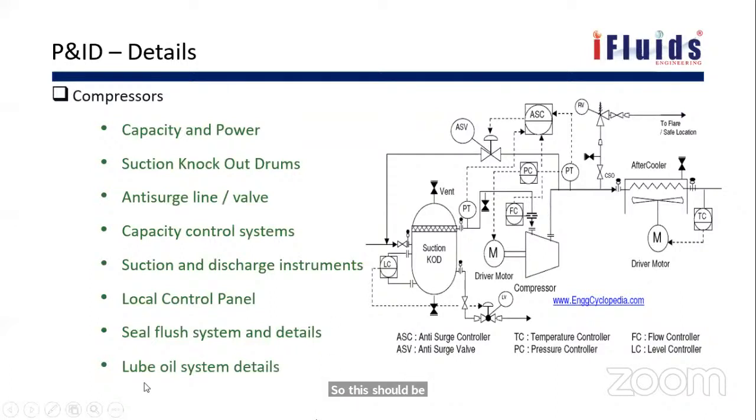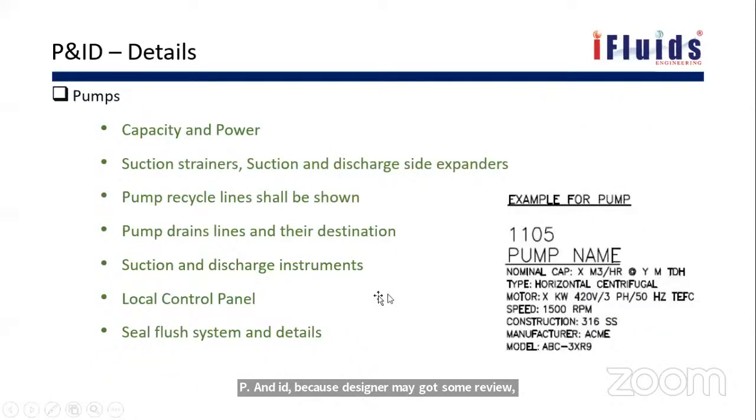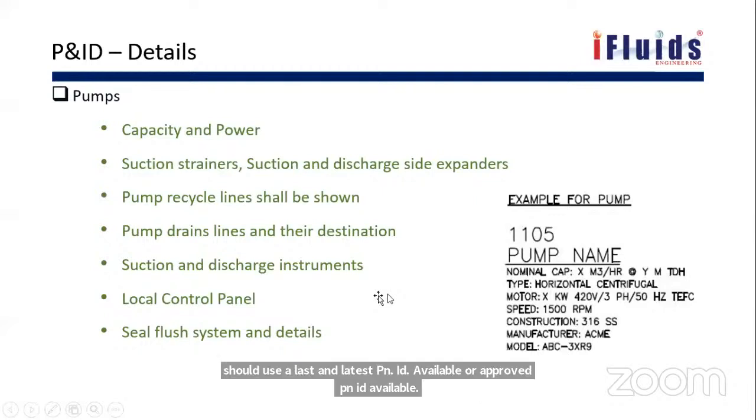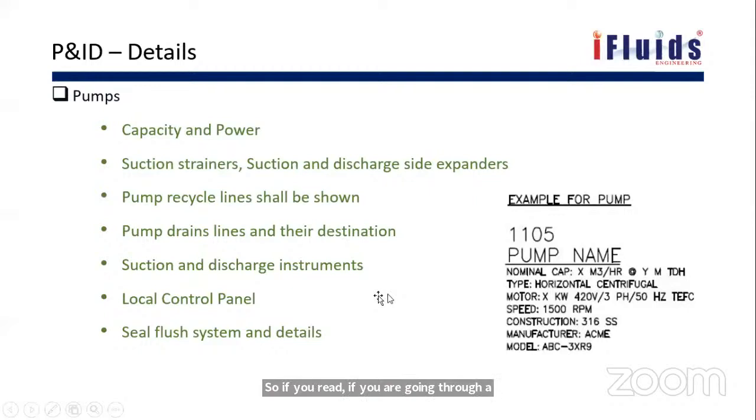Whichever P&ID you use, that must be the latest P&ID, because the designer may have gone through some review and updated the P&ID. You should use the latest available or approved P&ID. If you are studying a plant and you use a preliminary P&ID, that is going to confuse you, because it will not be the same as what's there in the field.